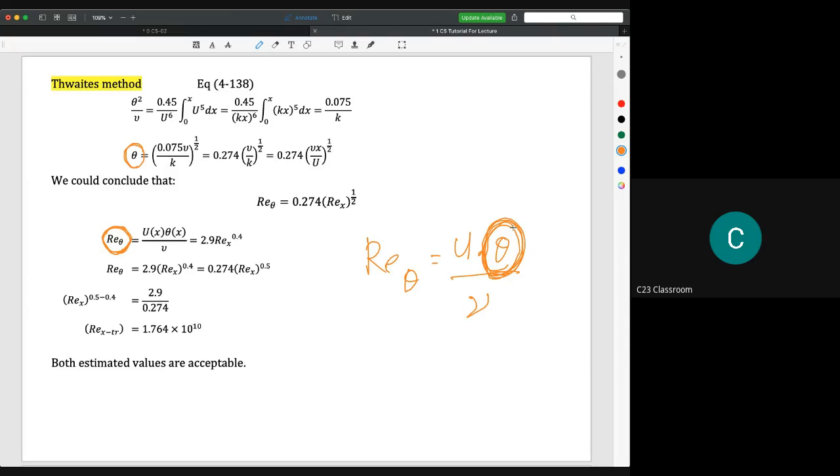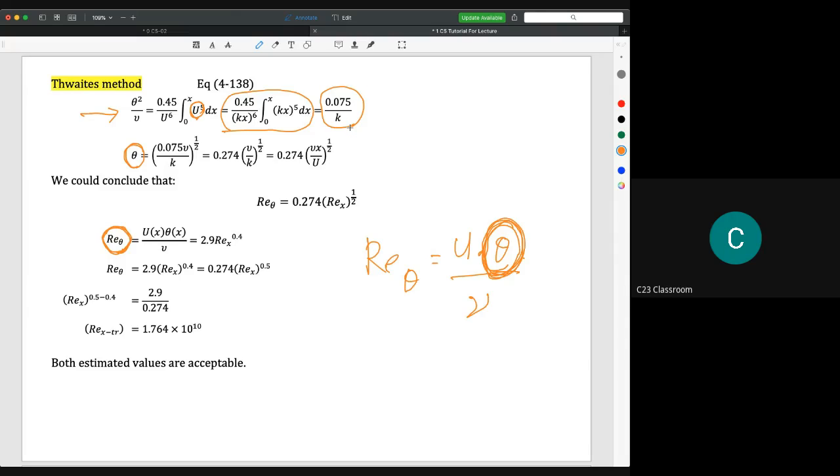Okay. So how do we get the Thwaites? I think we have a tutorial about Thwaites in a previous lesson. The equation of Thwaites is this one. We have theta squared over nu equal to 0.45 over u to the power of 6, times the integration of u to the power of 5 dx, and then we substitute the value of u here by kx. So we have kx to the power of 5. If we solve this term, we get 0.07 kx.